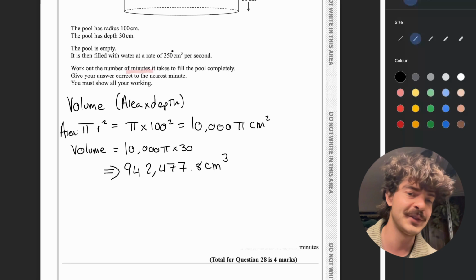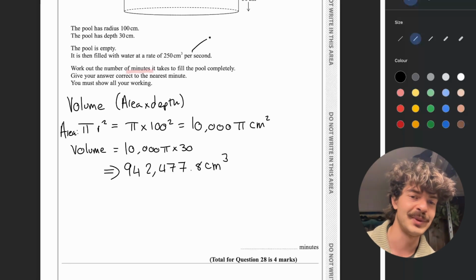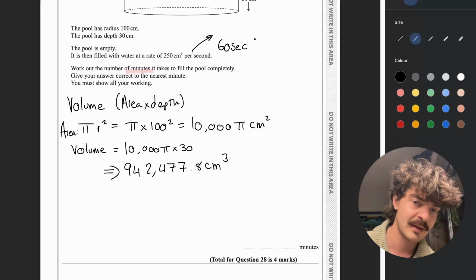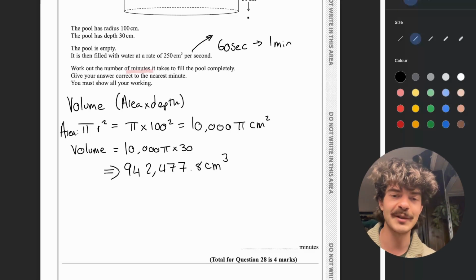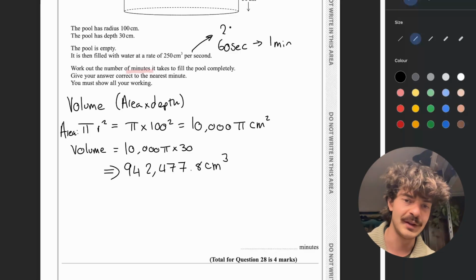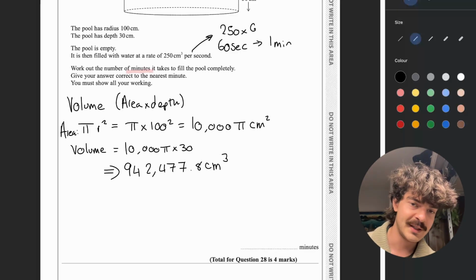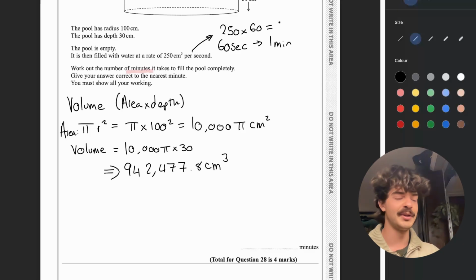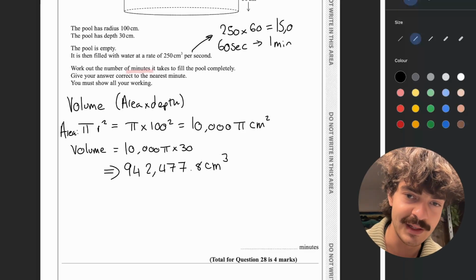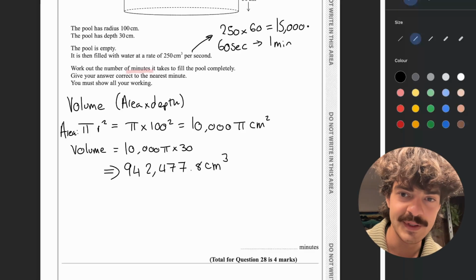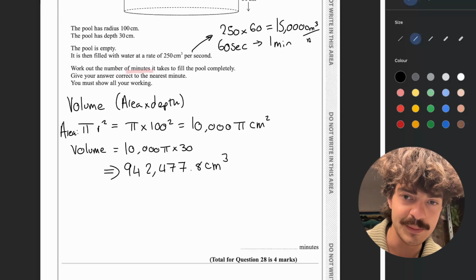So if it fills 250 centimeters cubed per second, and there's 60 seconds in 1 minute, we're going to have to multiply this 250 by 60. And that'll tell us how much we're putting in the pool a minute. So 250 times 60 gives 15,000. Cool. So we've got 15,000 centimeters cubed, and this is per minute.